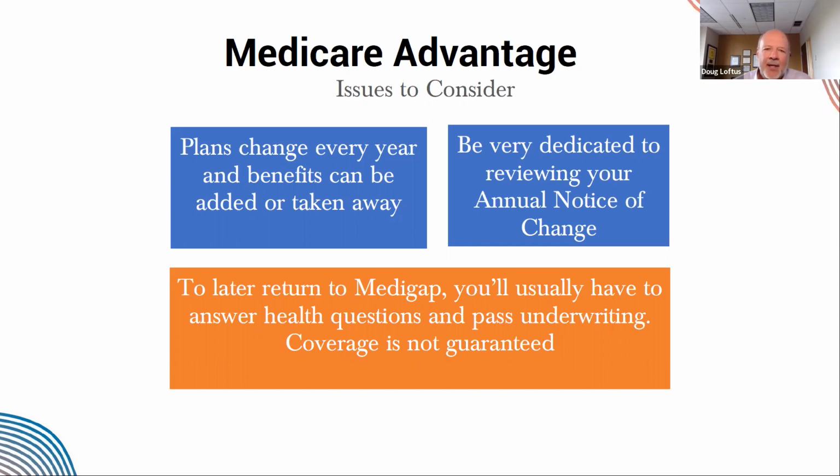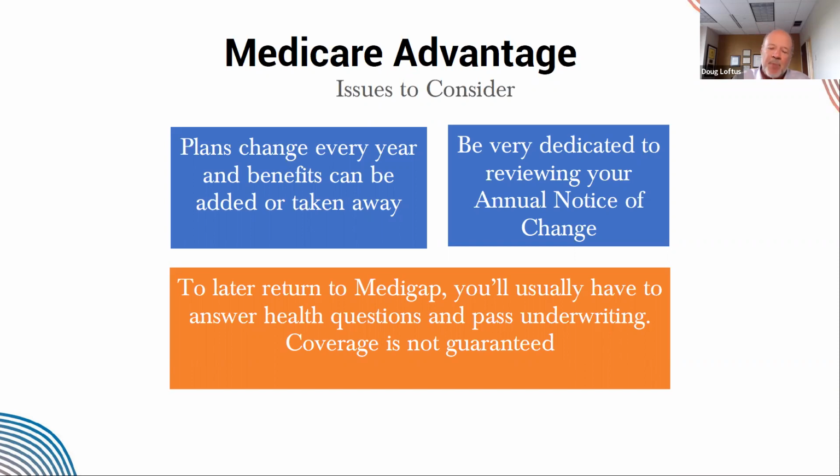The problem with that is that to go back from Medicare Advantage to a supplement when you're not in your open enrollment period, that we talked about, within 6 months of starting Part B, you have to go through medical underwriting.